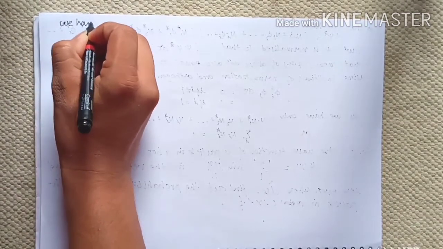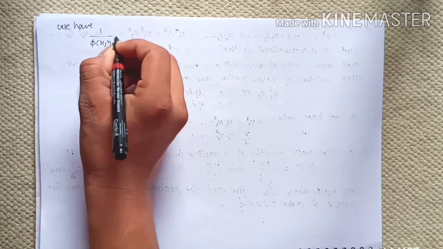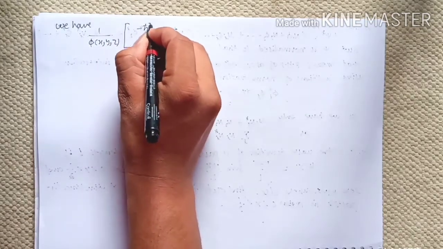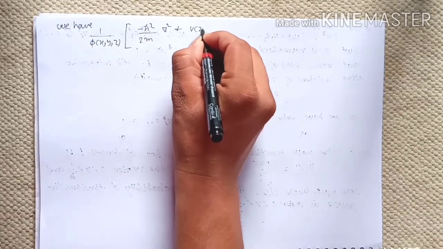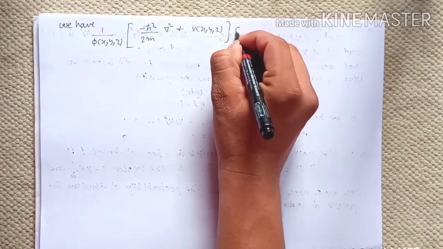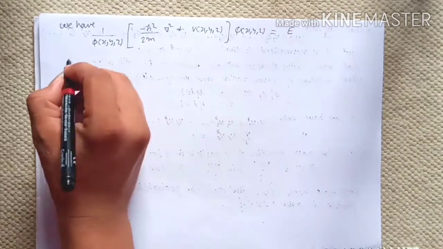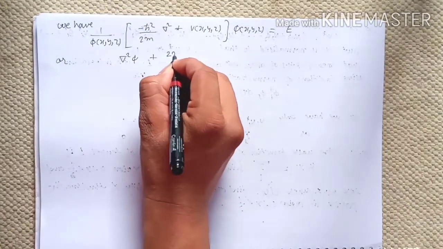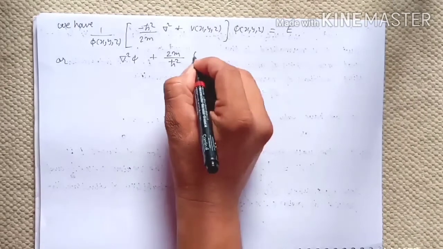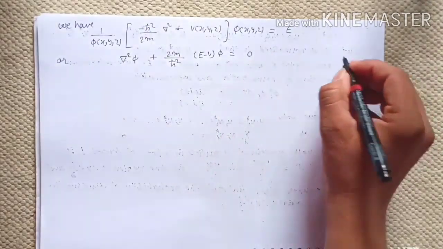So we have 1 by phi x y z, bracket, minus h cut square by 2m del square plus V x y z, bracket close, phi x y z is equal to E, or del square phi plus 2m over h cut square, E minus V, phi is equal to 0.